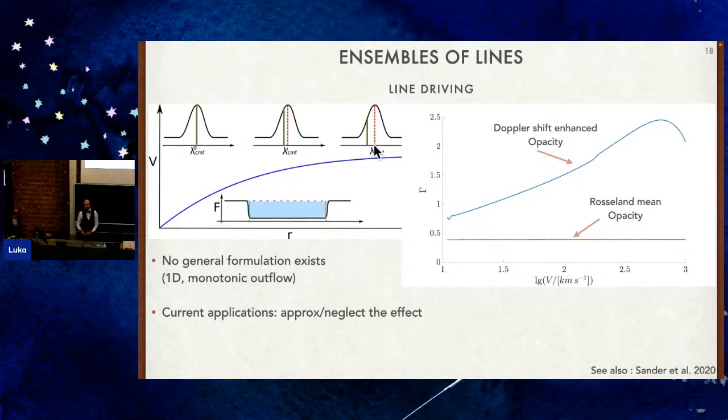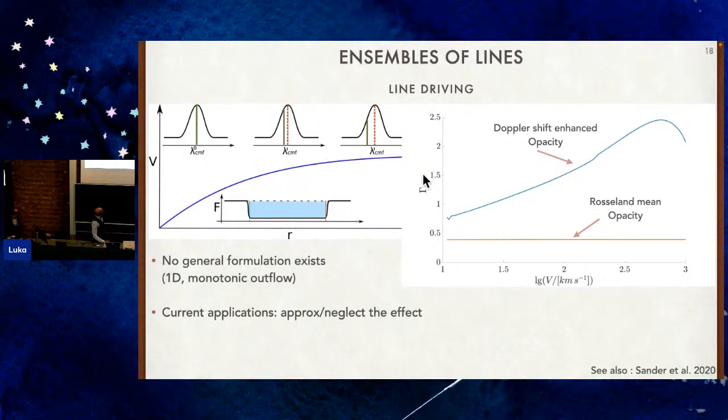As velocity increases, lines start to Doppler shift. That means that they move away from their original resonance point, and thus they can interact with radiation at different frequencies. As this happens, they can absorb more flux than they would in the stationary case, giving larger opacity.